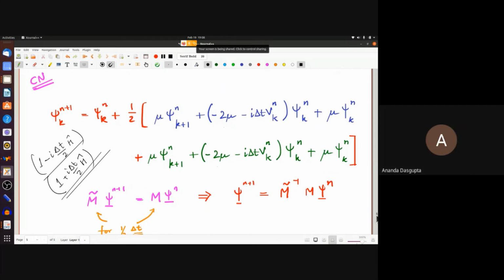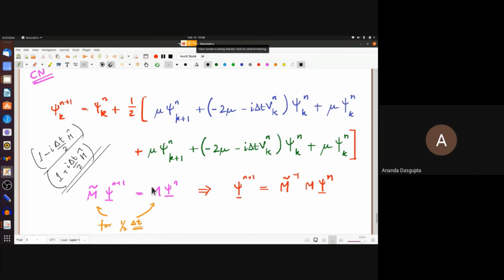So basically, like you had M and M tilde, M with plus delta t and M tilde with delta t changing sign, all the mu changing sign, except that here you have M and M tilde for half delta t because of this extra factor of half which is sitting here. So you can rewrite the code that I wrote a while ago trivially. The only difference is the matrix that you are going to use is actually M tilde inverse M, that's going to apply every time.